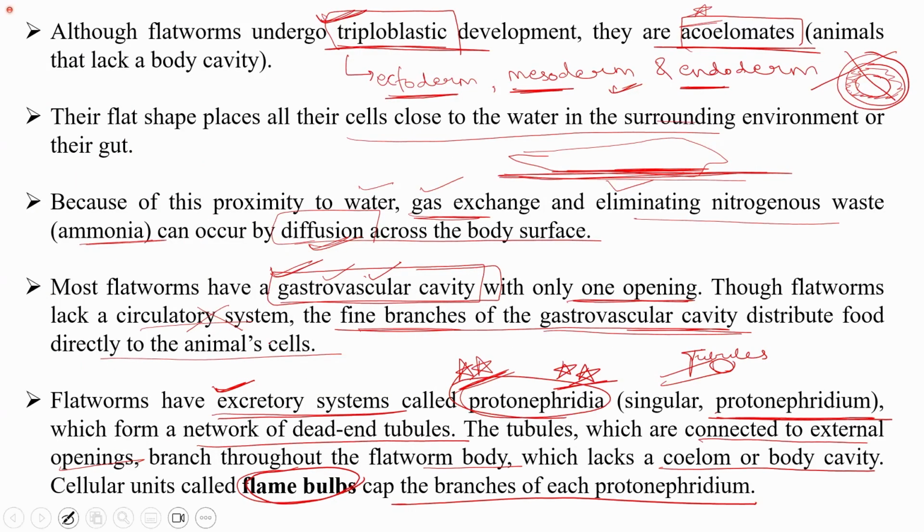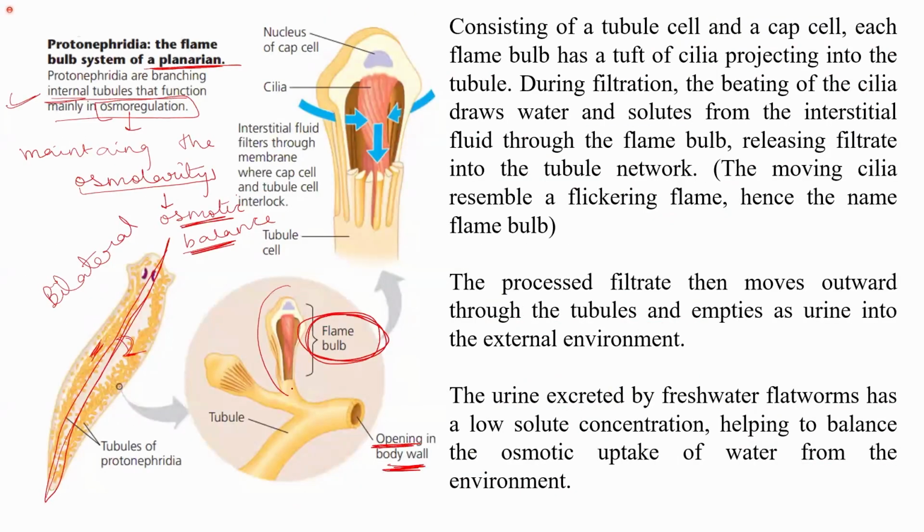Each single unit is known as the protonephridium, and its branches are capped by the flame bulbs, and it opens into the body wall.